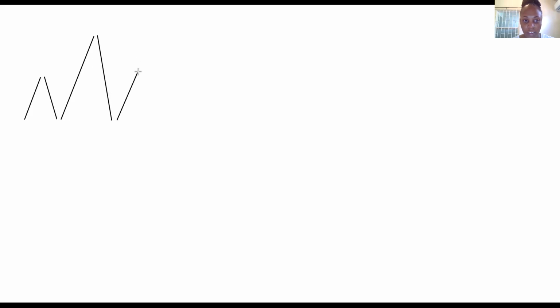Oh, there you draw the second one, which is your regular head and shoulder pattern. From there, you could also get the next one that forms.